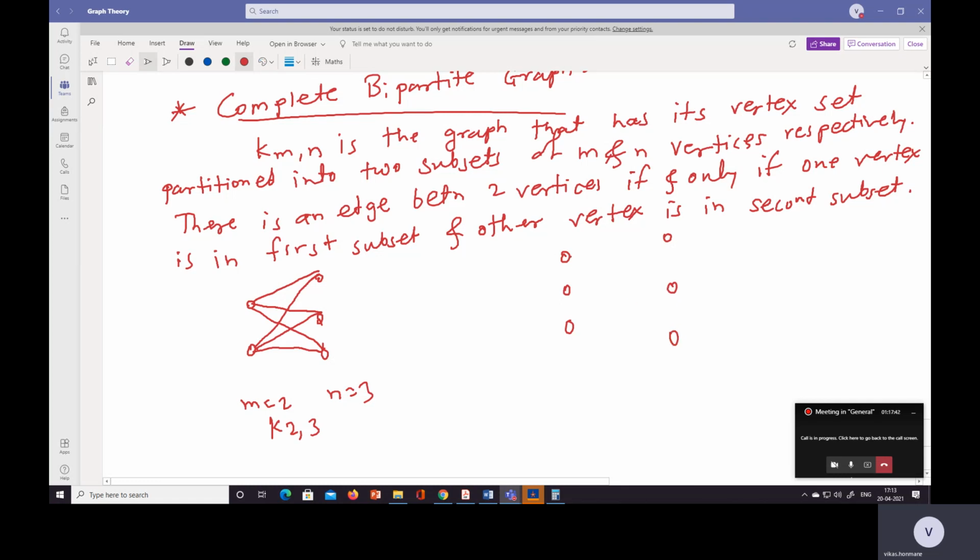The first connects to all 3, the second is connecting to all 3, and the third is connected to all 3. So here m is equal to 3 and n is equal to 3, and we call it K_{3,3}. This is the complete bipartite graph.